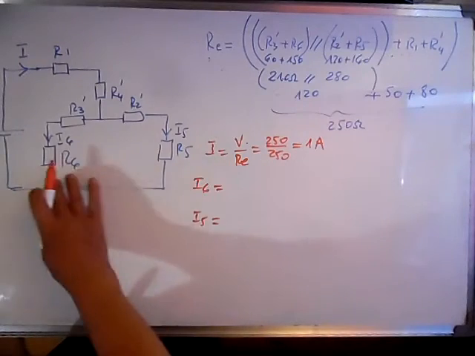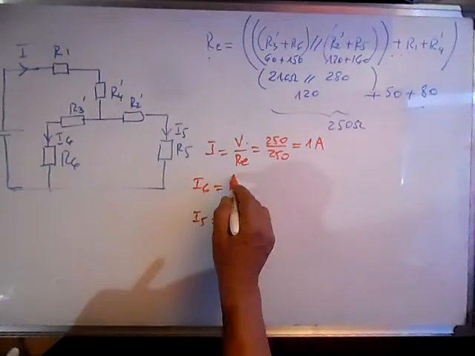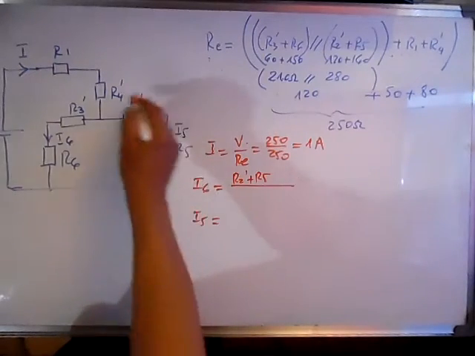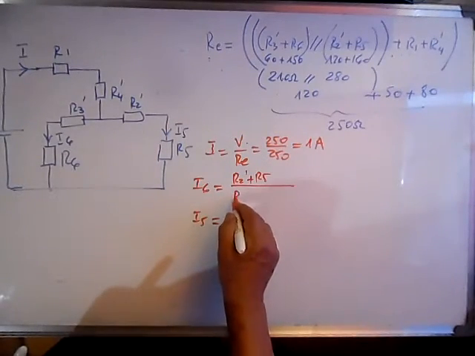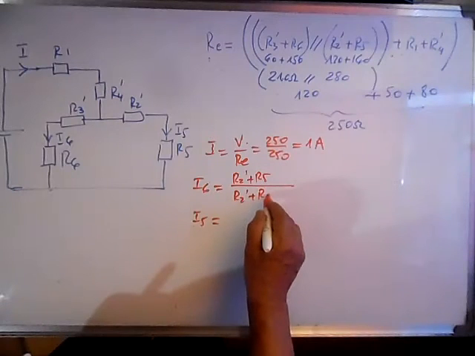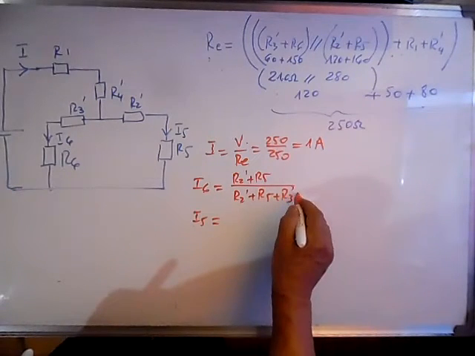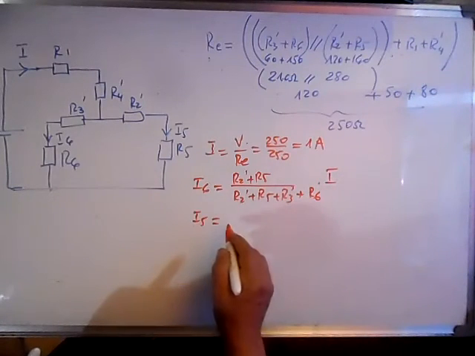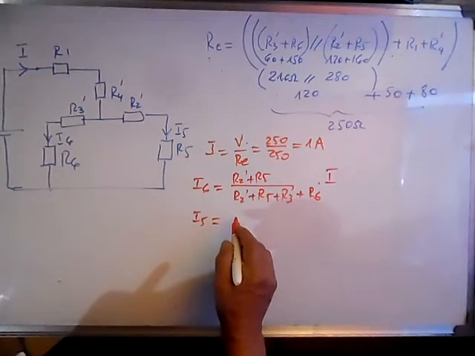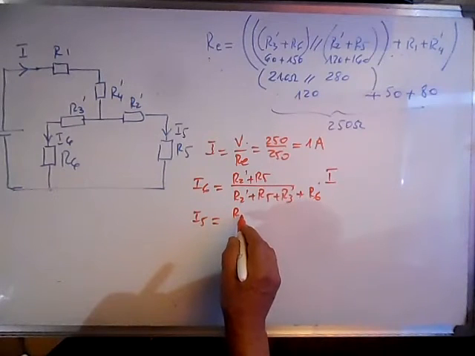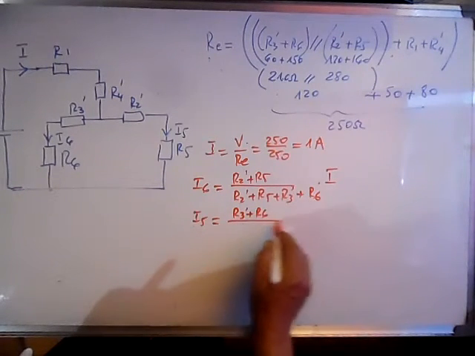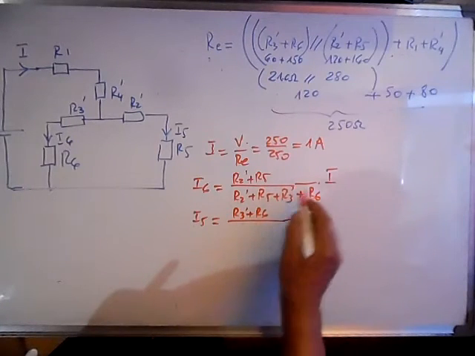So I6 is R2 prime plus R5 over the sum of the 4, times the main current. Here it's R3 prime plus R6 over the sum of the 4.